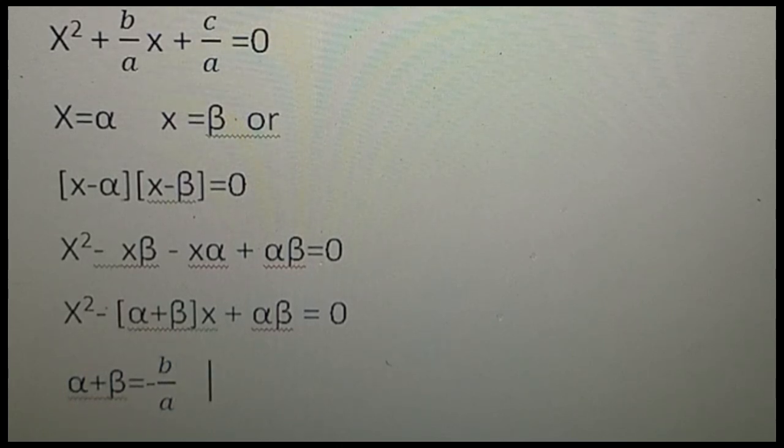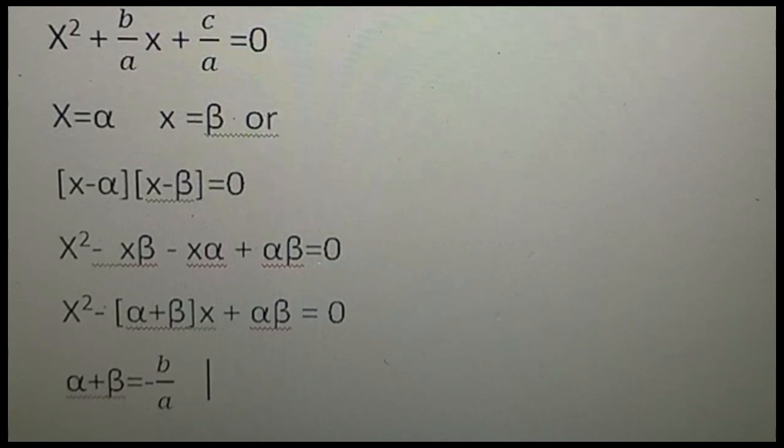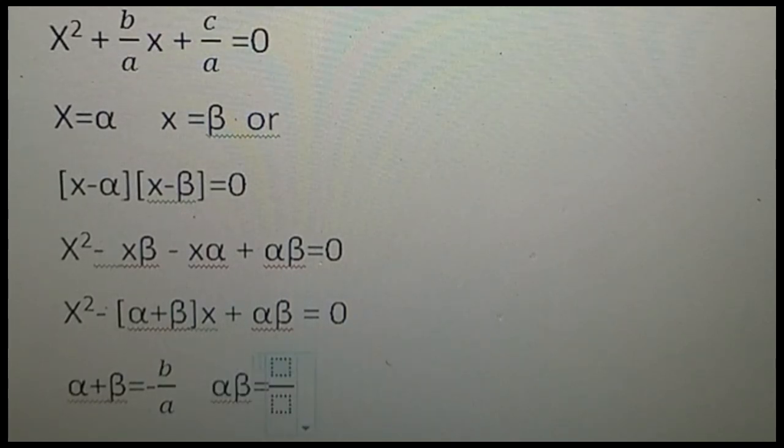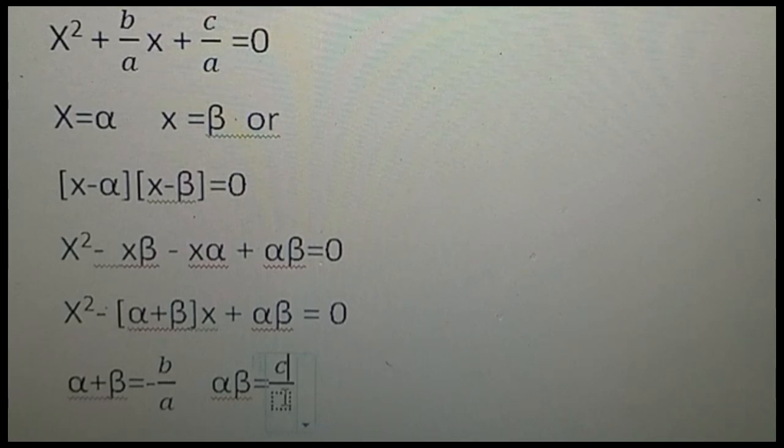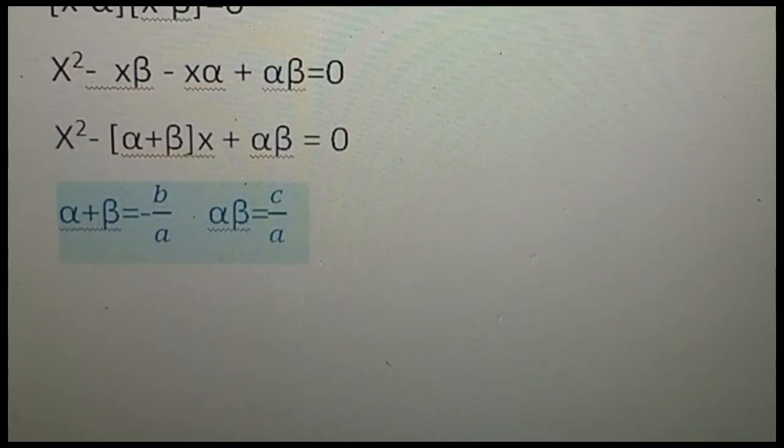Let's see alpha beta. For alpha beta, we have c over a, and it is positive. Have a sheet of paper to write this down because it is very important, because we are going to solve some examples using these formulas.